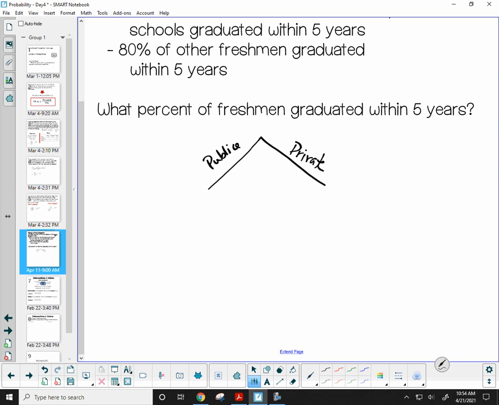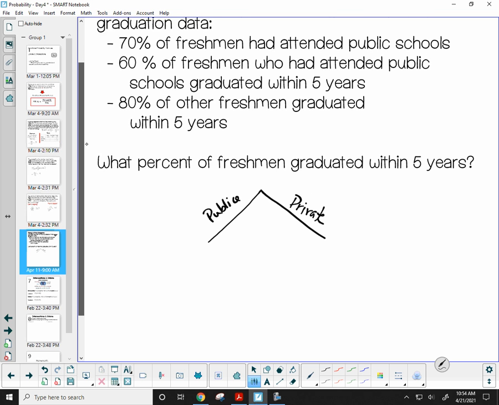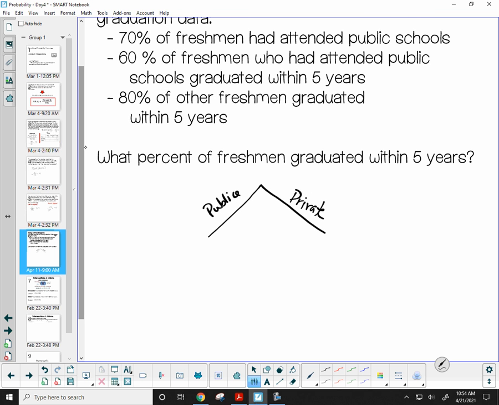70% attended public schools, so what percent then had attended private? 30%, because it has to account for all freshmen. From public school, 60% of the freshmen who attended public schools graduated within 5 years.